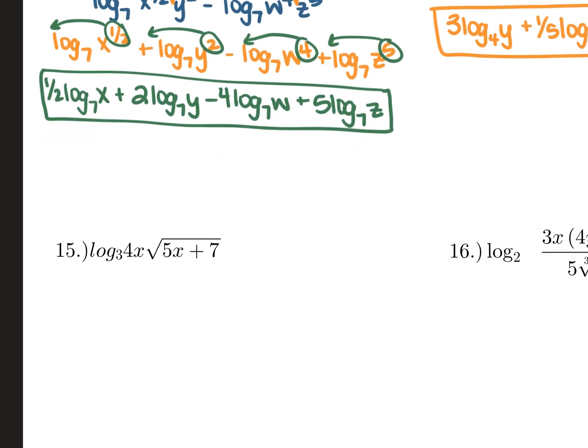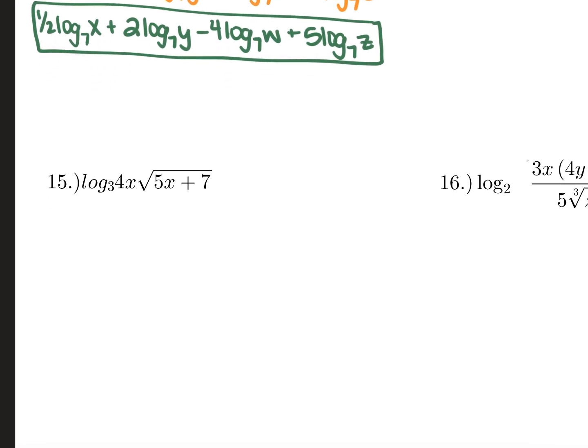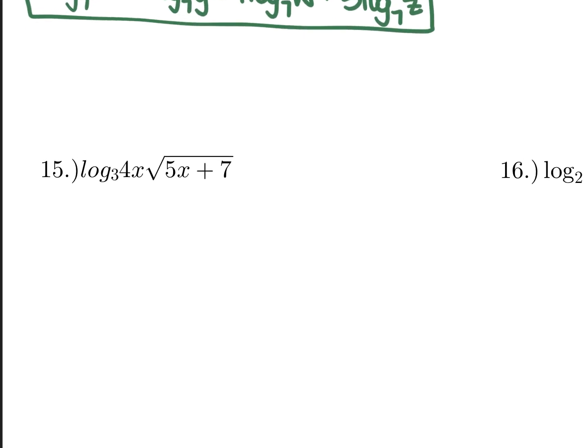For number 15, you have log 3 of 4x times the square root of 5x plus 7. So again, I would rewrite the square root as the power of 1/2 on that 5x plus 7. So you have log 3 of 4x times 5x plus 7 to the power of 1/2. So from here, rewrite using addition.